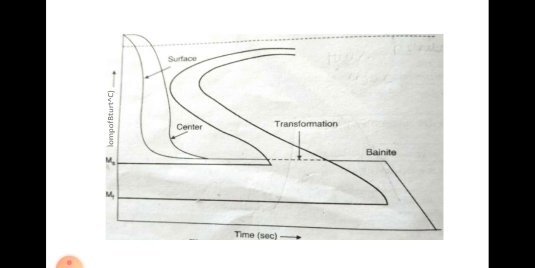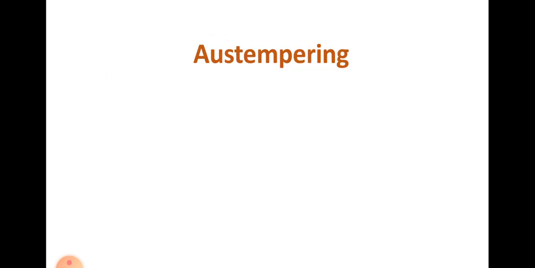That diagram shows the same TTT diagram, which includes pearlite, bainite and martensite transformation. That arrow shows another curve, which is the cooling curve. When cooled from above, if bainite formation occurs below the nose, then that is called the austempering process. And next is patenting.